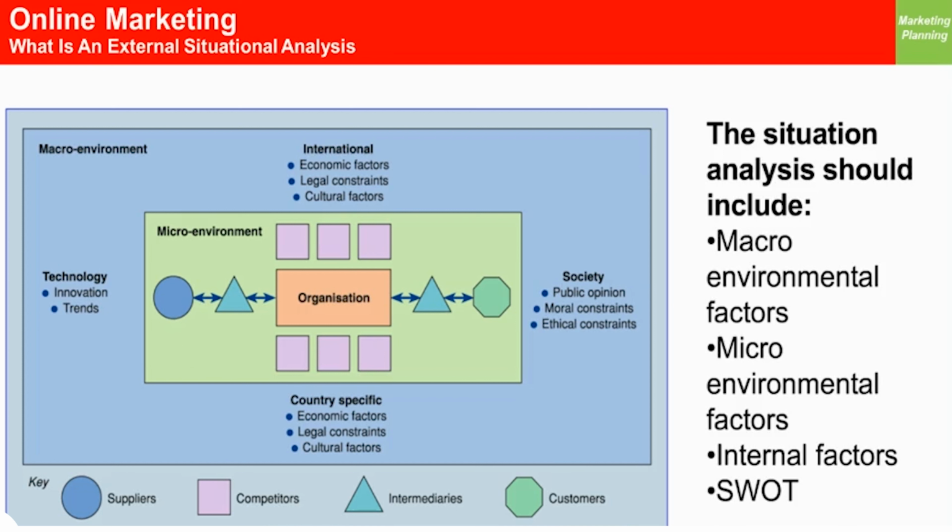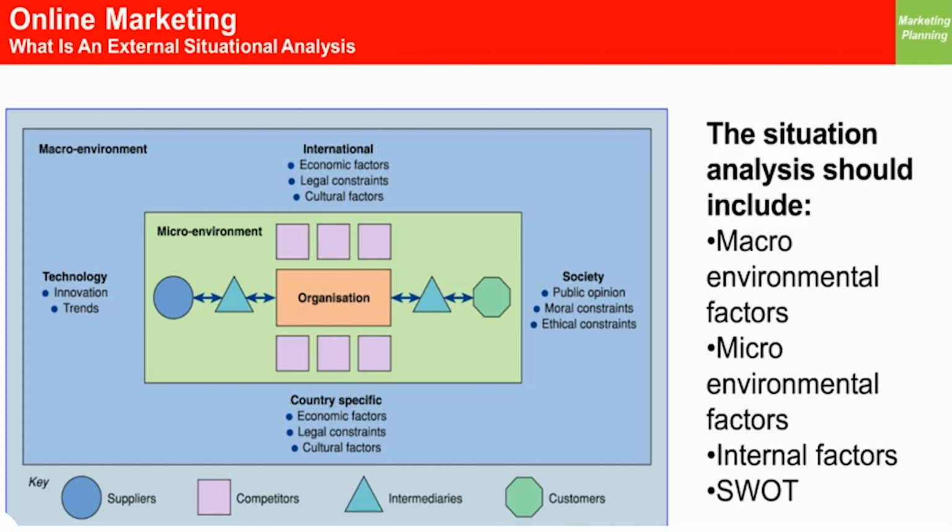So when we actually look at conducting a macroeconomic analysis, a PEST analysis, the situational analysis should include the macro external factors, which are factors outside the control of your organization, marked by the blue box in the diagram here.